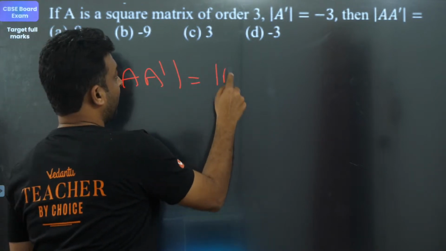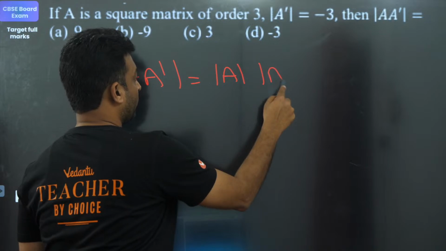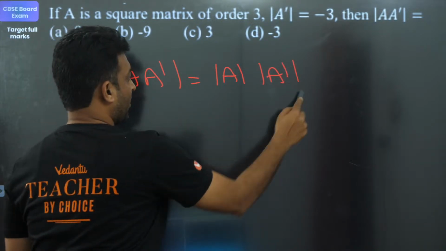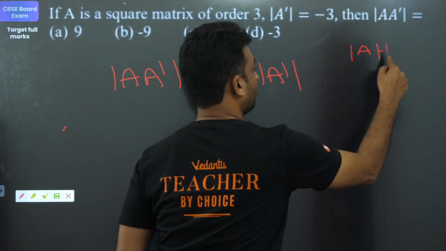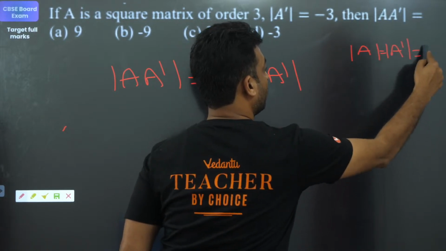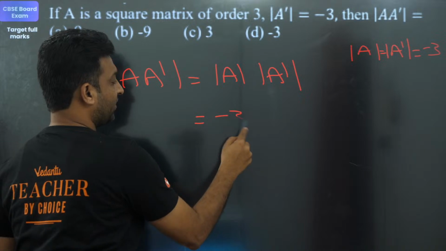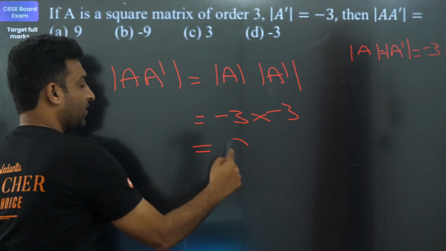It is determinant A into determinant of A transpose. And we know that determinant A is equal to determinant of A transpose, which is equal to -3. So it is -3 into -3, 9.